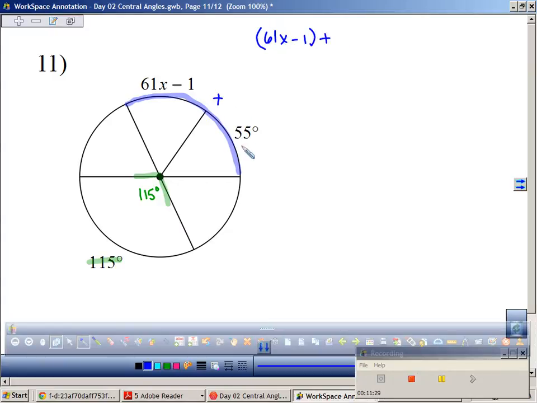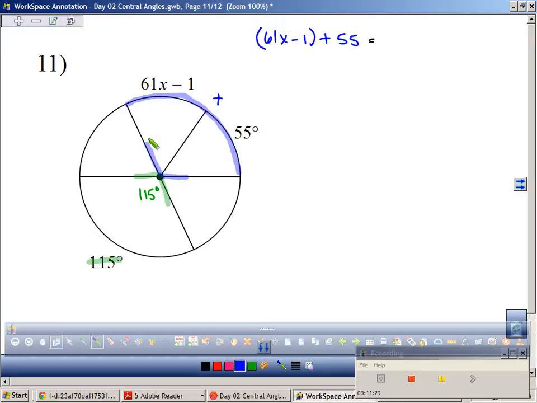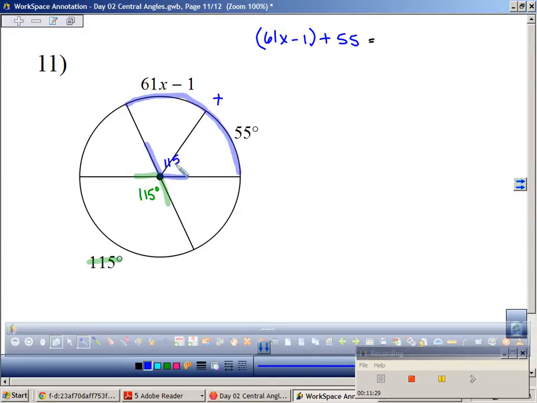And if I wanted to add that to this arc, which is 55, I could actually say that that was equal to this other arc. Does anybody know why? Hopefully somebody gets it, because this angle and this angle are vertical angles, and they're equal. So if this is 115 degrees, then both of these angles added together is 115 degrees. So I can total it to 115.